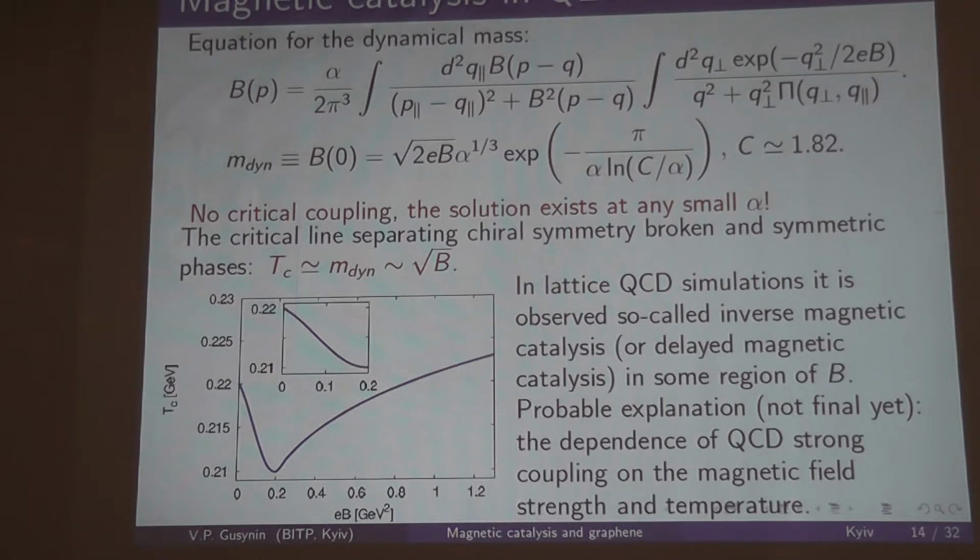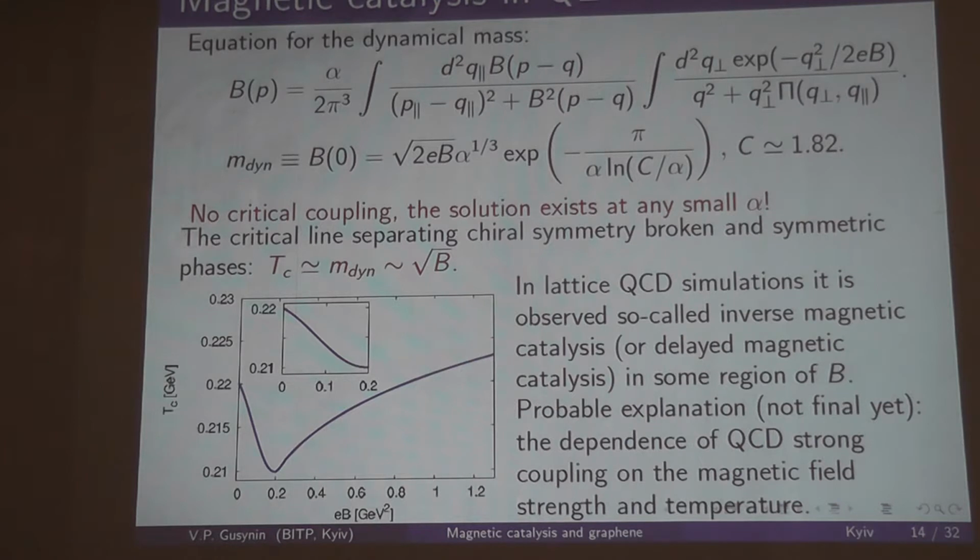What's interesting is that if we switch on temperature, we have the possibility to increase temperature and restore symmetry. Then we obtain some kind of phase diagram where the critical temperature behaves like the square root of B.